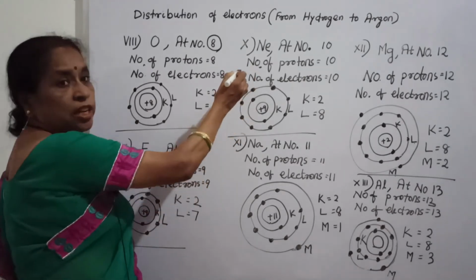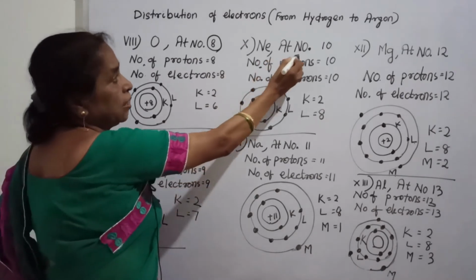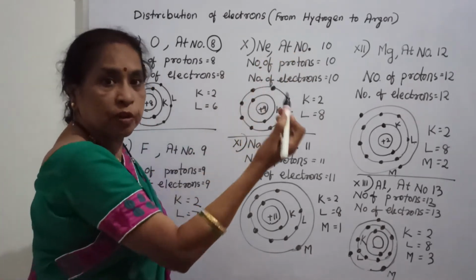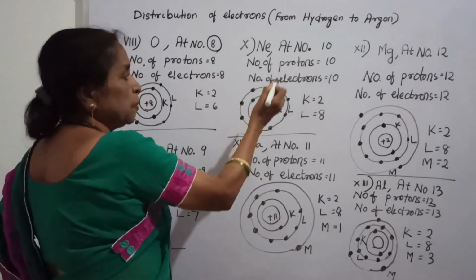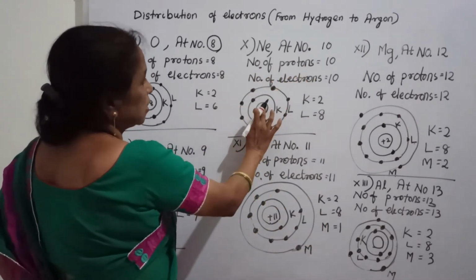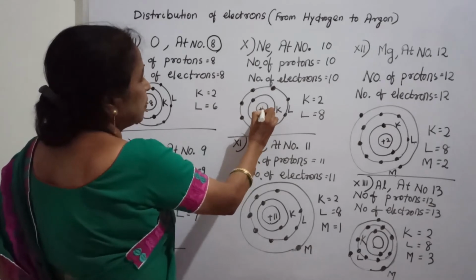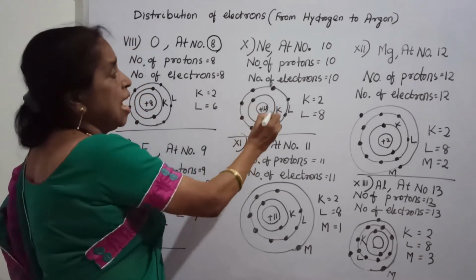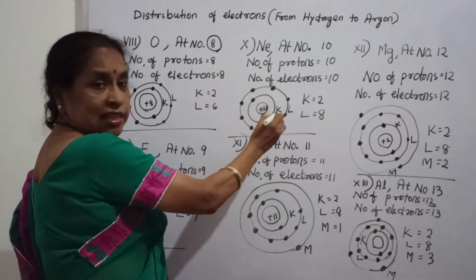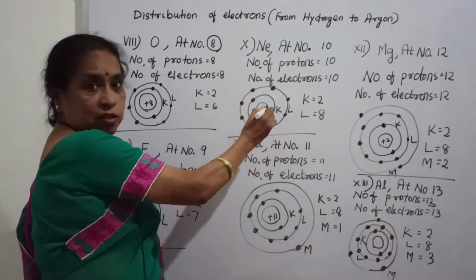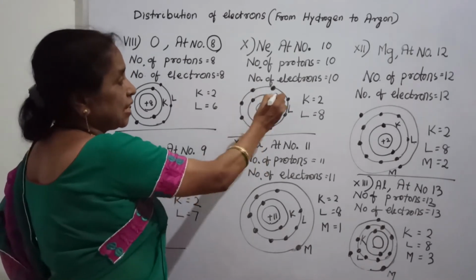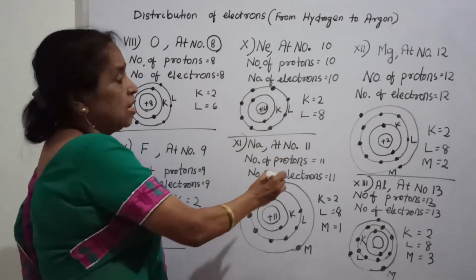Then come to neon. Neon, where atomic number is 10. Atomic number 10 means number of protons 10, that is plus 10 inside the nucleus, and the remaining K and L shells. Here K shell has 2 electrons according to the formula, and L shell has 8 electrons.